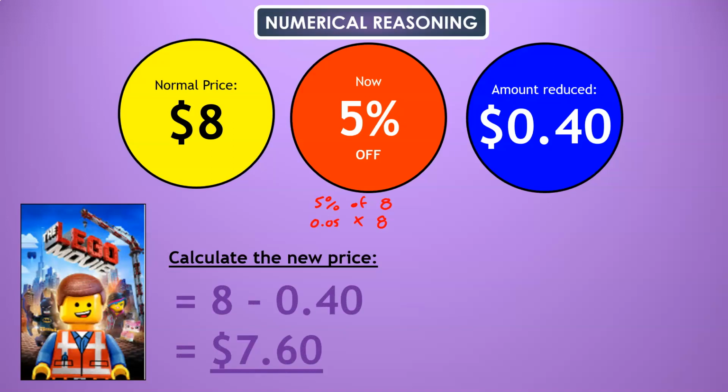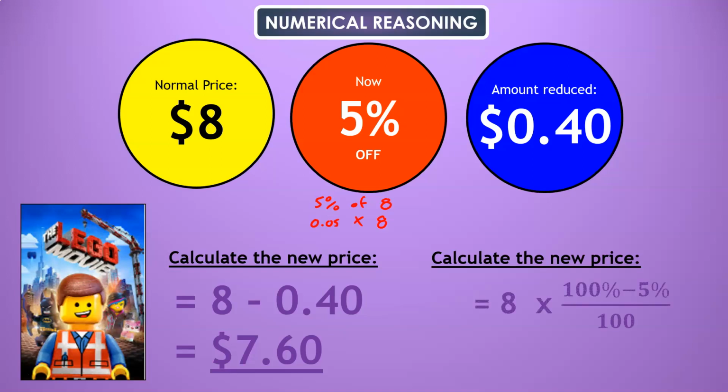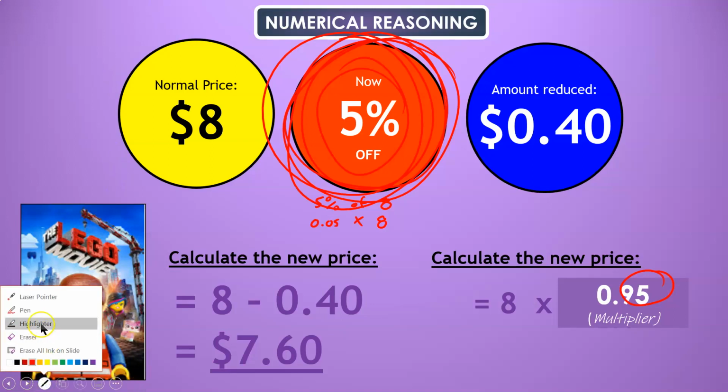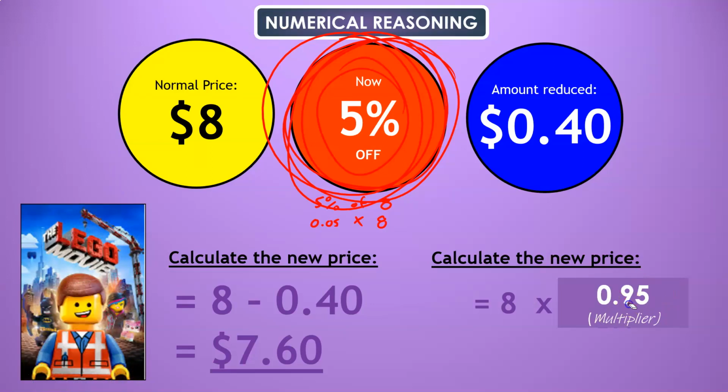Now, rather than doing it that way, let's find the multiplier. The same thing as before, but this time we're taking away 5%. So it's 100 take away 5, which is 95, divided by 100, which gives us 0.95. So the multiplier is 0.95.